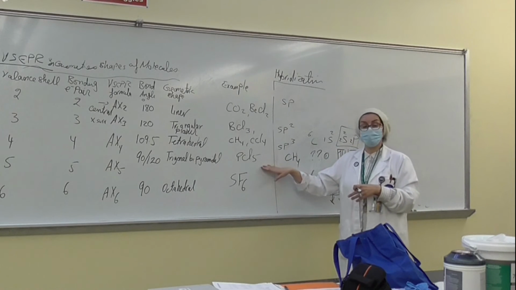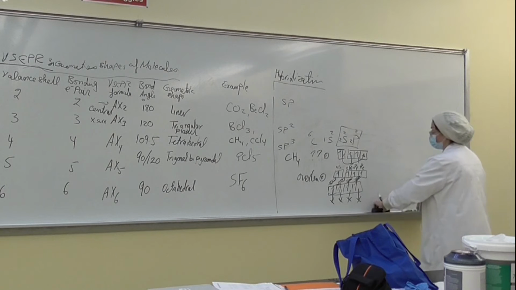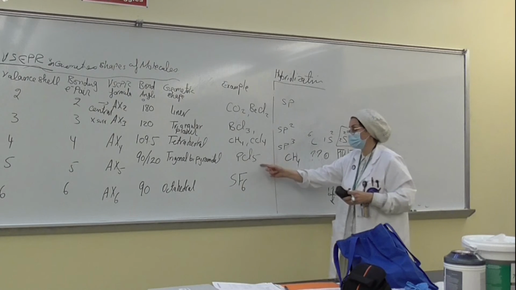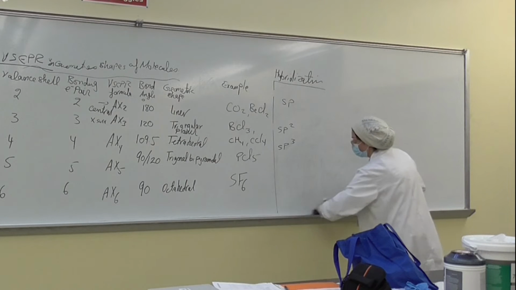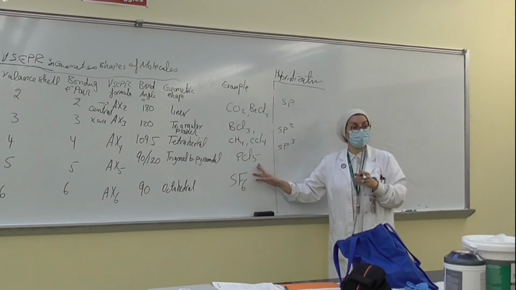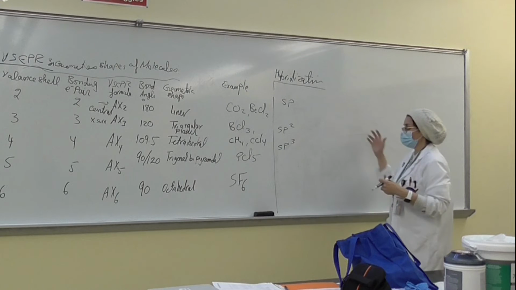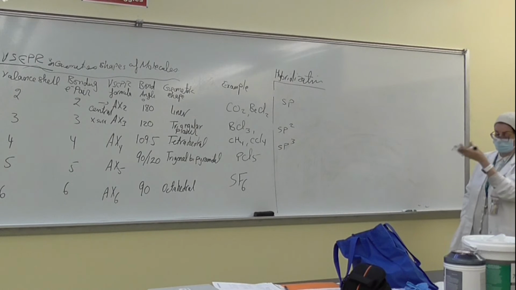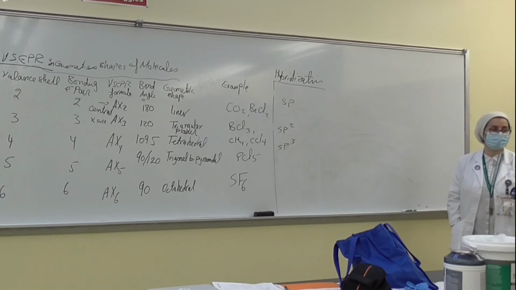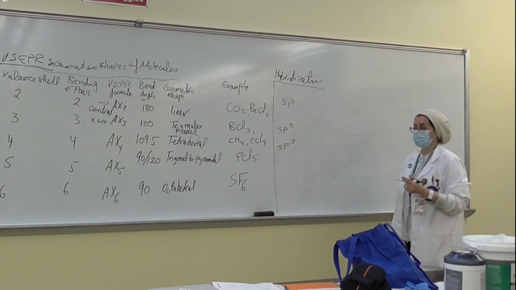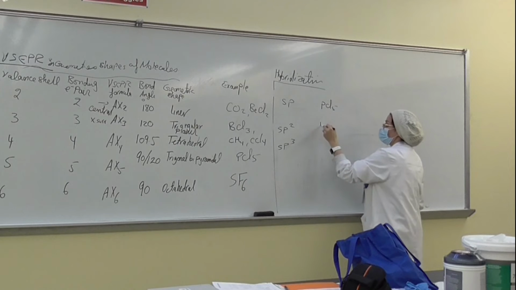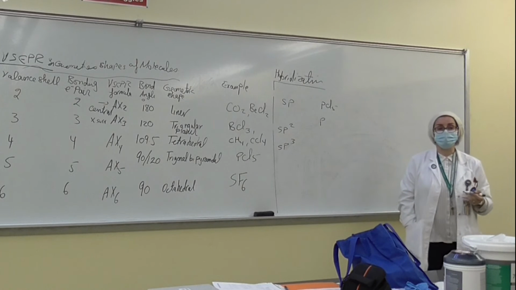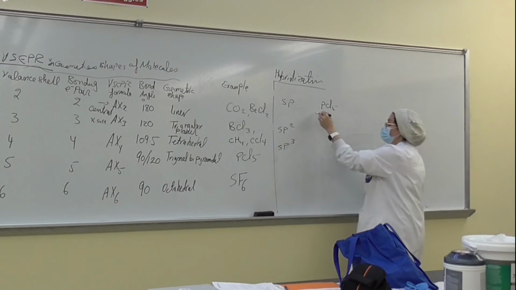And we go to PCl5 and SF6. So I'm going to give you the hybridization of this one with five atoms surrounding the central atom, and then we are going to go into sulfur, which is surrounded by 6 atoms. So when I have PCl5, what is phosphorus? 15, right?